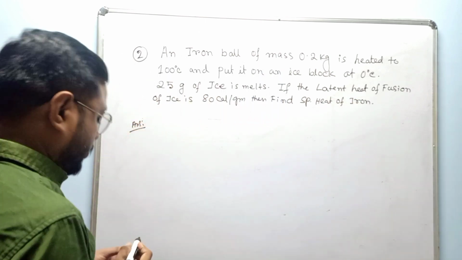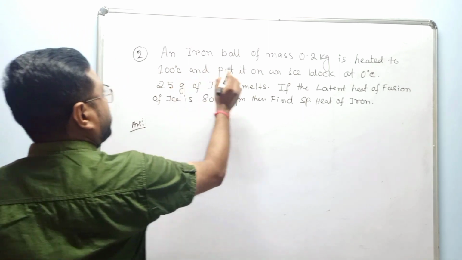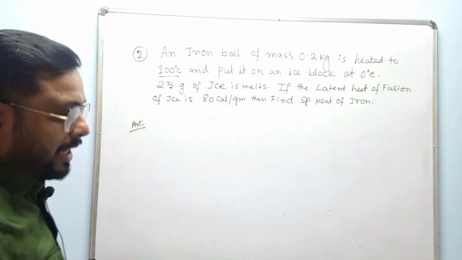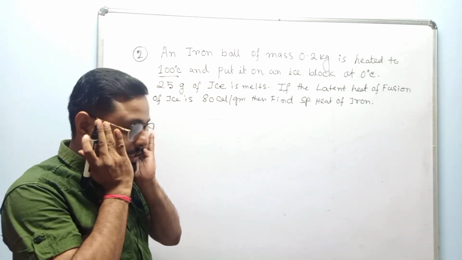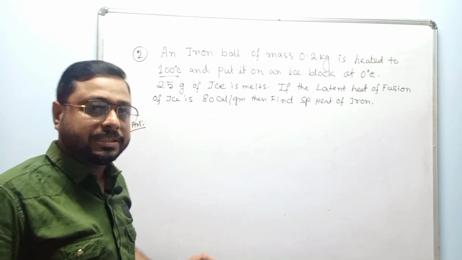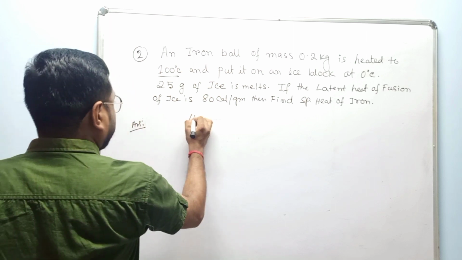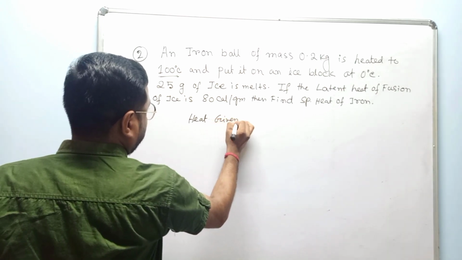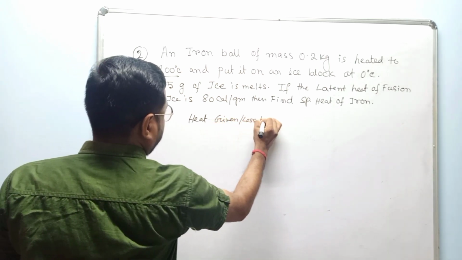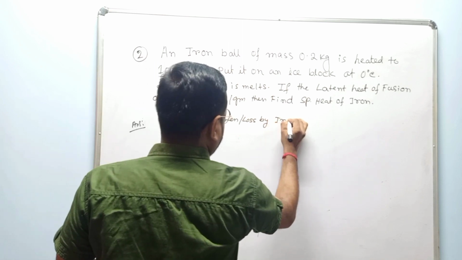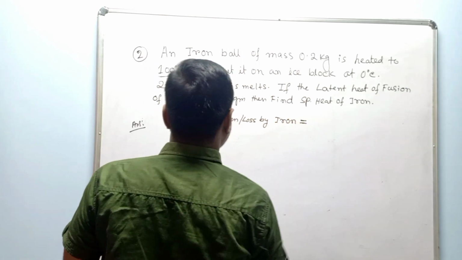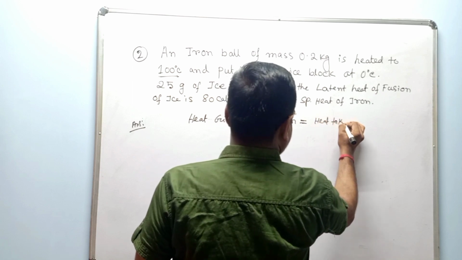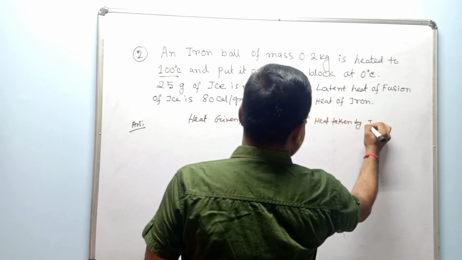So we know that an iron ball of mass 0.2 kg is heated to 100 degree centigrade. When the iron ball is put on ice, its temperature becomes 0 degree centigrade. So heat lost by iron must be equal to heat taken by the ice block.